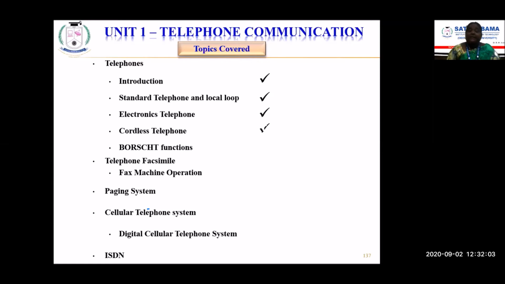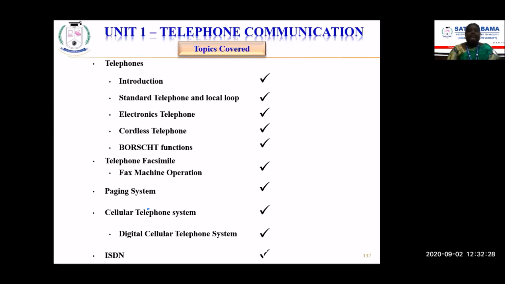Then the cordless telephones and the BORSCHT functions, that is SLIC, subscriber line interface connections, followed by the telephone facsimile, the fax operation in detail, then the paging systems, and finally the cellular telephone and digital cellular telephone, as an example of second generation cellular telephone architecture in detail.